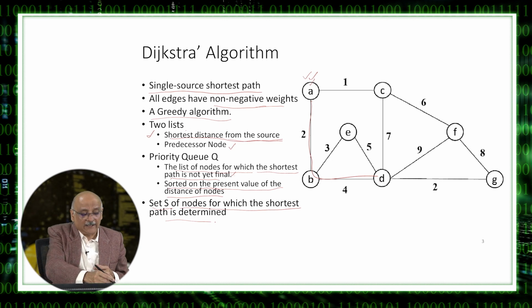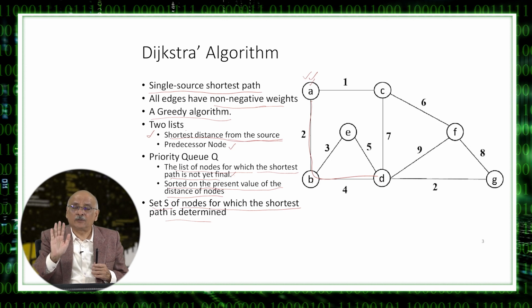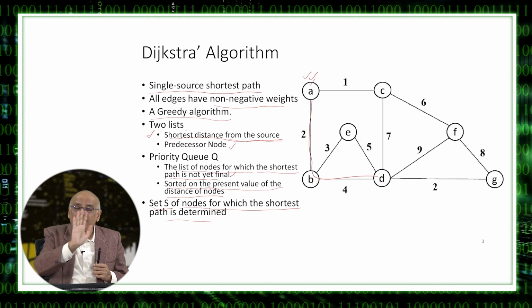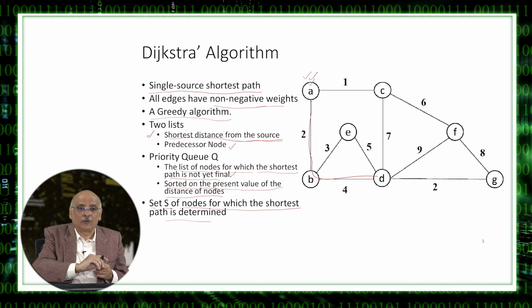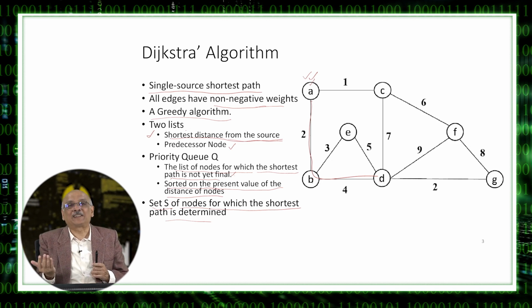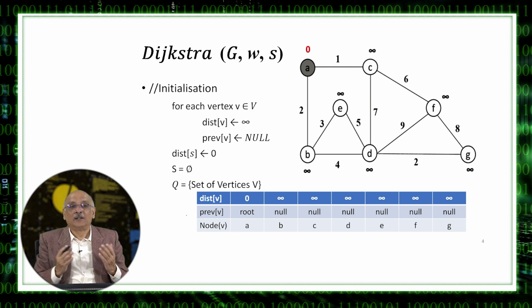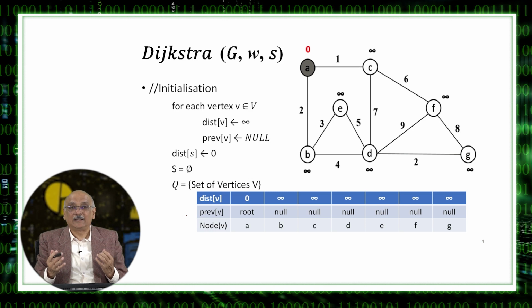So for those nodes, it has been completed. When everything moves from Q to S, that is the time our algorithm gets completed.